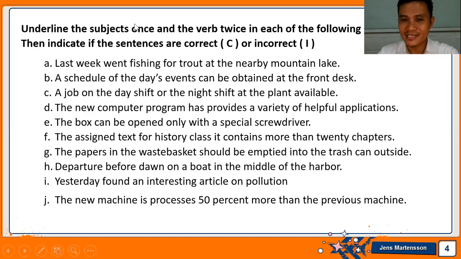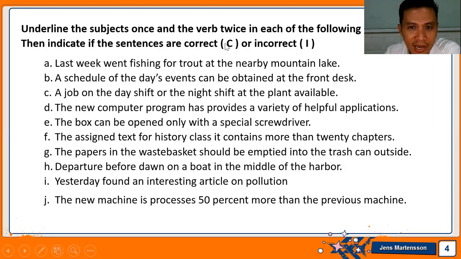Here is another exercise. This is not multiple choice, but you have to state the answer. Underline the subject once and the verb twice in each of the following sentences. Then indicate if the sentence is correct or incorrect.